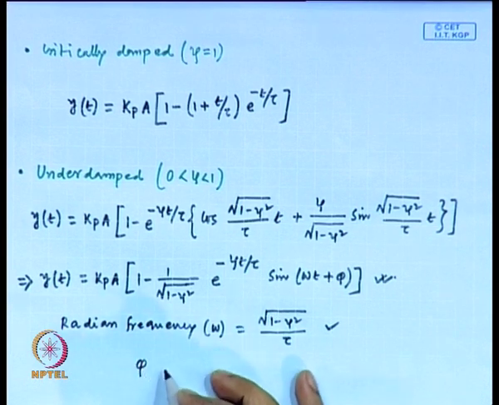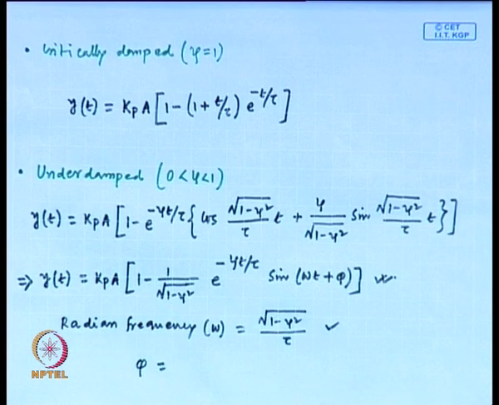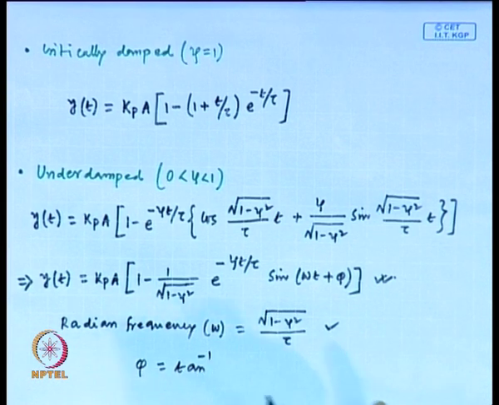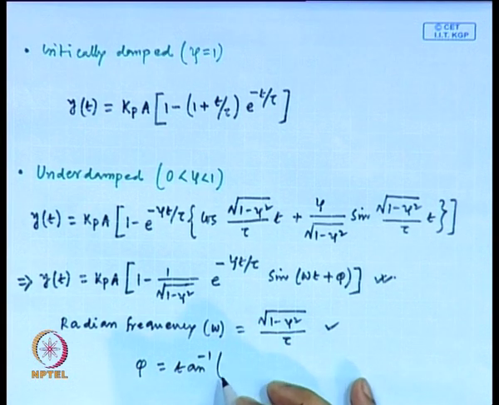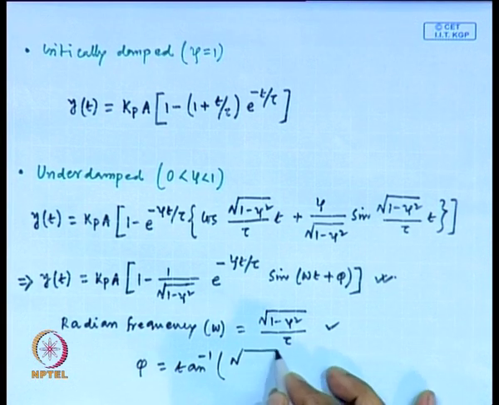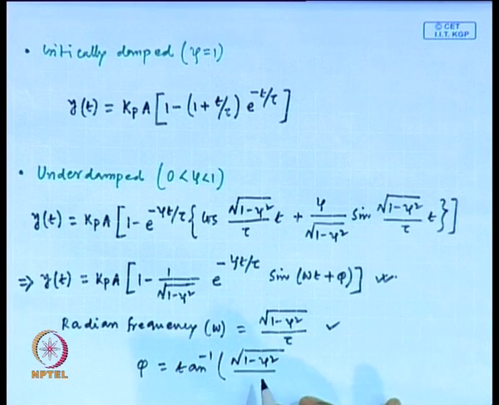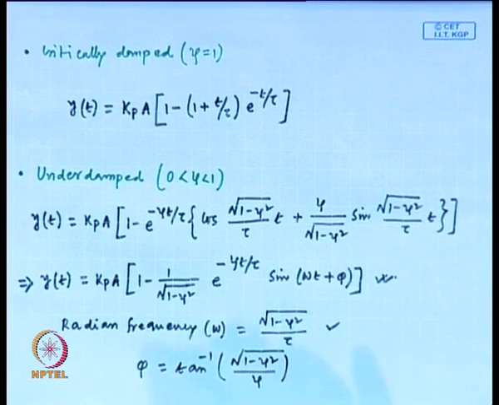Similarly, the expression for phase angle phi we obtain as phi equals tan inverse root over 1 minus zeta square divided by zeta.